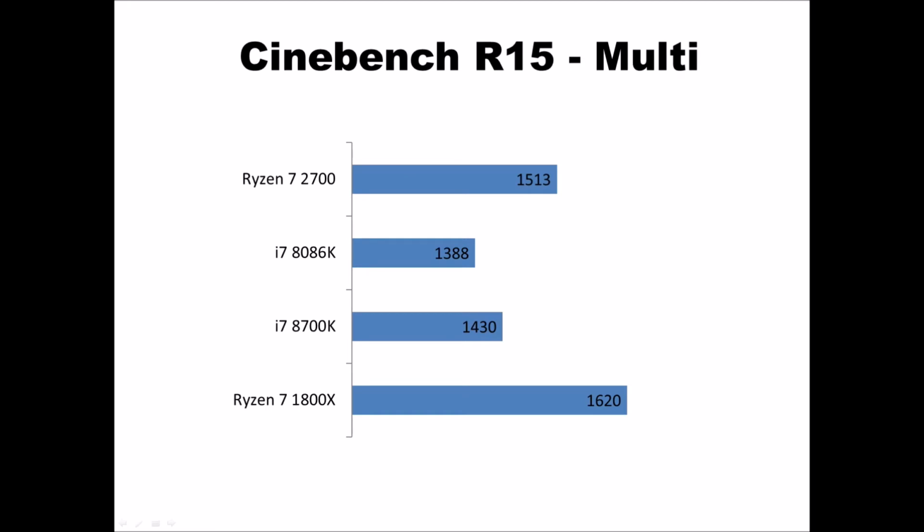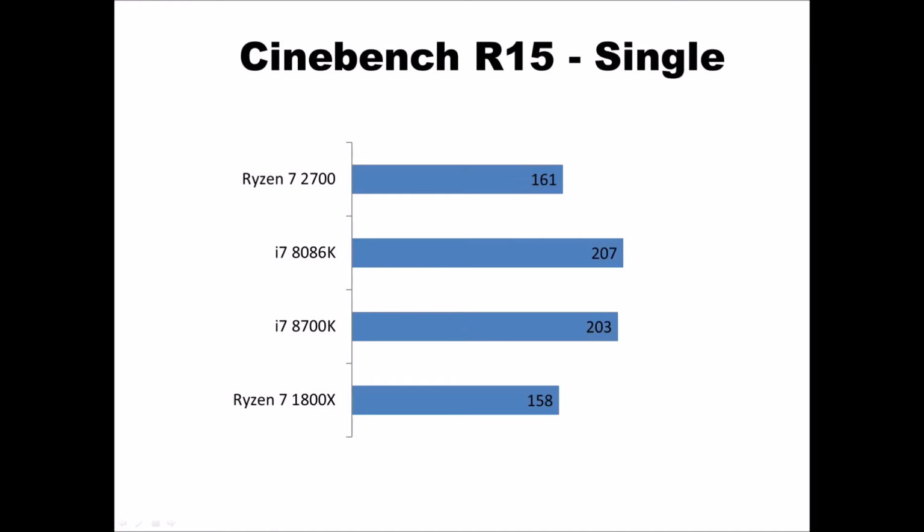Then in Cinebench R15, this is the multi-core mode, we're actually getting a 42 point increase with the 8700K over the 8086K, which is interesting, even though the 8086K has that higher boost clock and base clock as well. So we'll continue on. The next test is Cinebench R15 in single score mode.